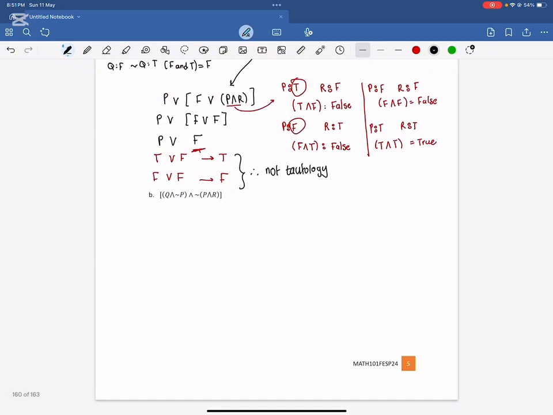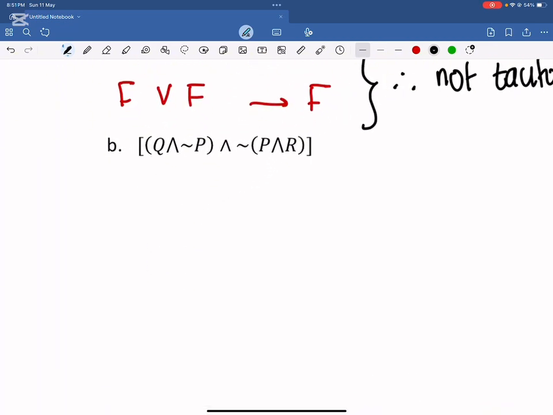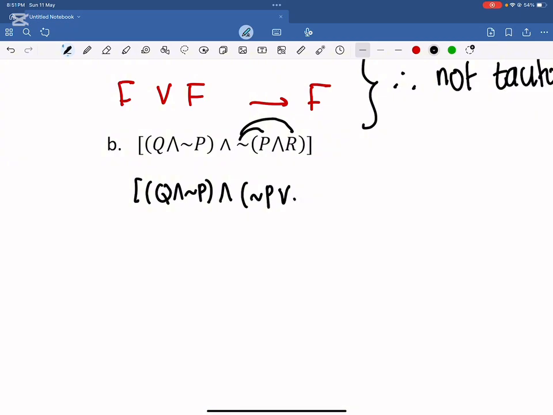Okay, now part B. First I need to distribute this: Q and not P, and not P or not R. Okay, now I can distribute.